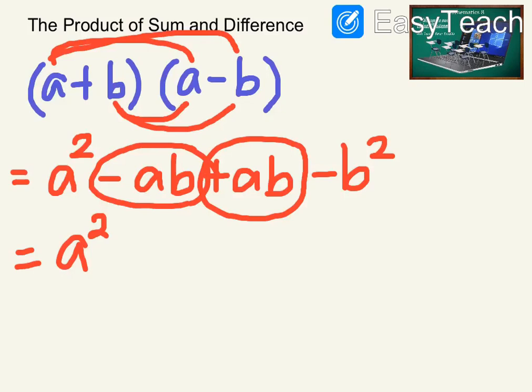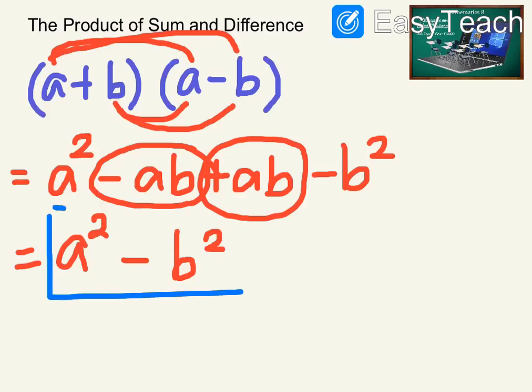So different sign, subtract, and then what is left is negative b squared. So ito yung pattern natin. Okay, so that will be our pattern. So ito yung gagawin nating pattern. Okay, so even if you apply the distributive property, still you will end up with this.